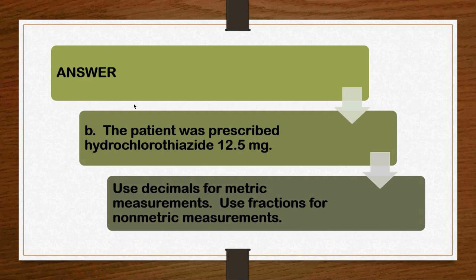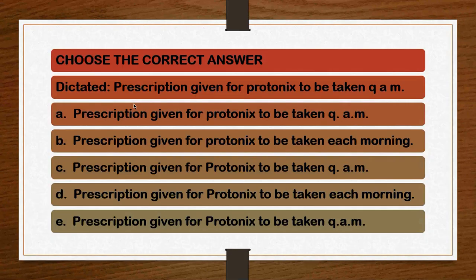So if they say 5.5, 2.5, it doesn't matter. You would use the decimal, and you would not spell out milligrams either. All of y'all knew that. But just remember that. Decimals for metric units of measurement. And that's not just like 1/2 of a pill. This is like when it gives the dosage strength, like the unit of measurement that follows, like milliliters, milligrams, liters, and things like that. Then it's always going to be a decimal.